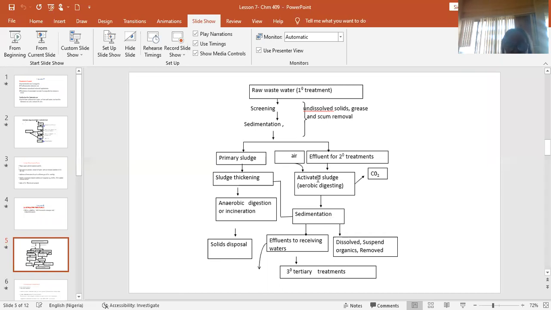Same thing here. When we take it through an activated sludge technique, which is called aerobic digestion, where microorganisms are incorporated to biodegrade, you have clear water, and then you have sludge at the bottom again when we take it to the sedimentation tank. So it is the waste, after treatment, that we call the sludge.